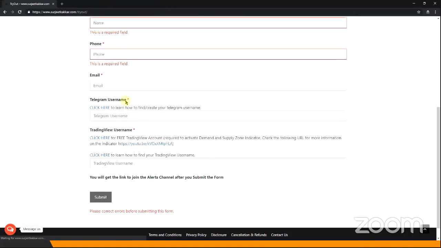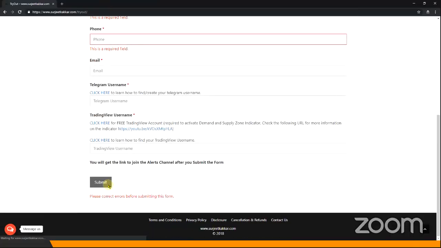If you don't know how to find your Telegram username, click here. There's a small video which will help you identify it. Similarly, if you don't know what your TradingView username is, you can click here. It will tell you how to find it. So make sure you're filling the form correctly, because if you make any mistake, the tool is not going to get activated for you.